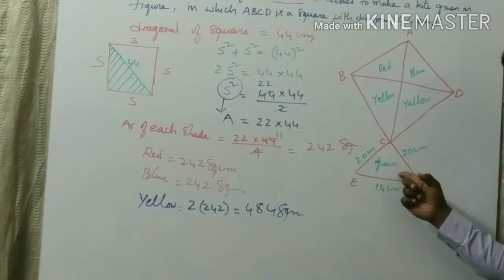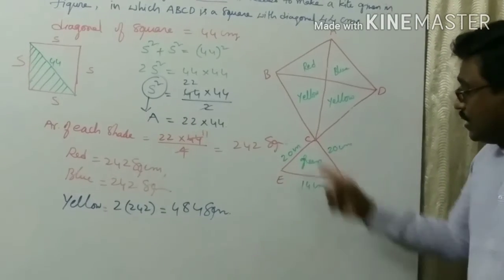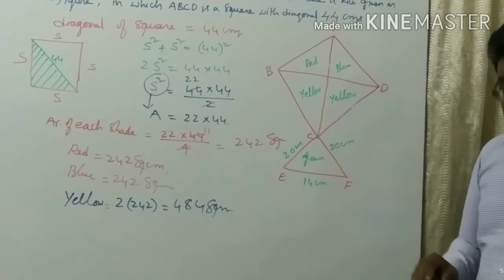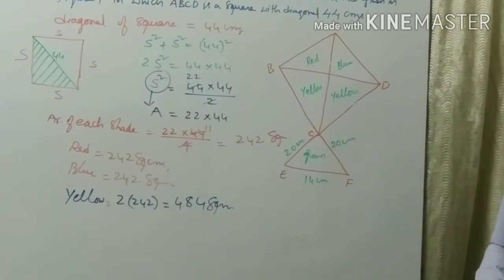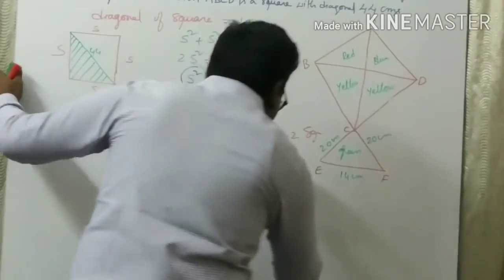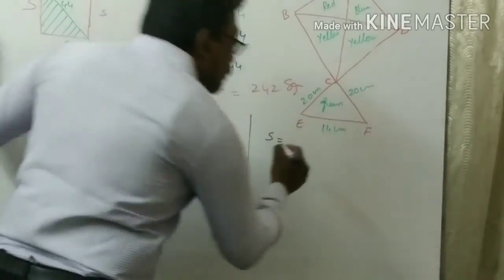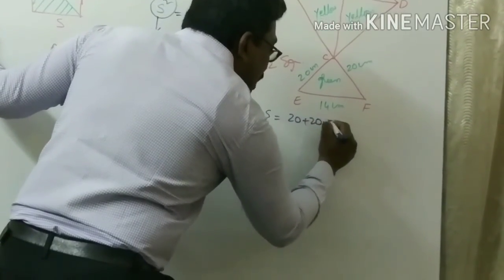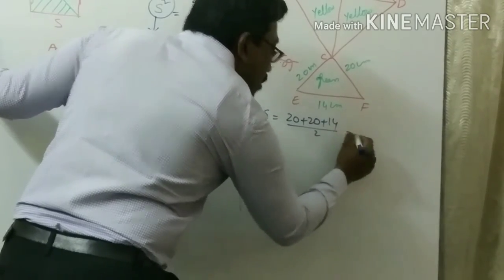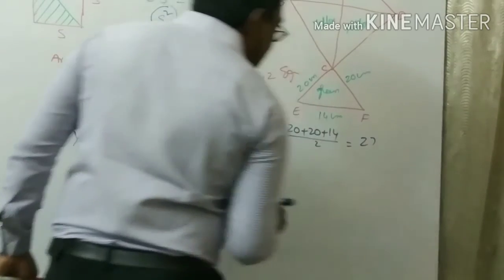Now, the bottom part, a triangle is there. 20, 20, 14. So 20, 20, 14, what we will use? Right, Heron's formula. Okay, S is equal to A plus B plus C by 2. 20 plus 20 plus 14 by 2. 40 plus 14, 54 by 2. 27.